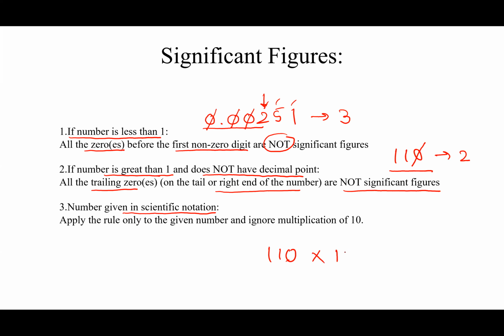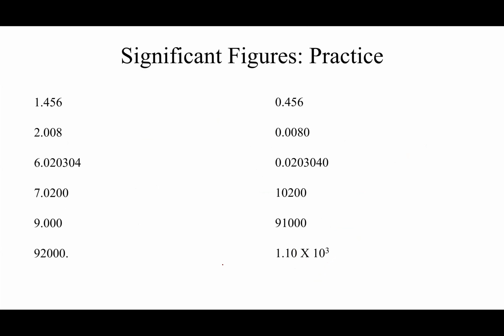For example, you apply the rule to the actual number and just ignore this part, the multiplication and 10 to the power. Apply the rule to this number, the rule that we already learned. Is that good? Was it helpful to refresh your memory? Yes. Professor. Yep. All right, wonderful, great, guys.